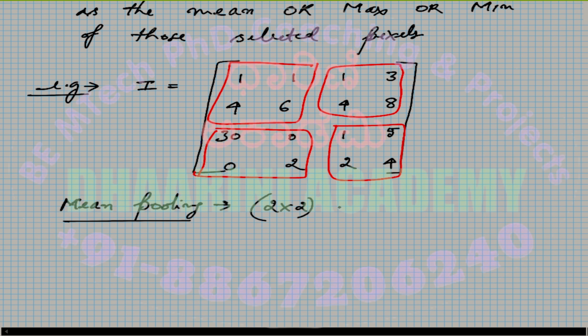Then 30 plus 2 is 32, and 32 by 4 is 8. Then 1 plus 5 plus 2 plus 4 is 12, divided by 4 is 3. So the result of mean pooling is this. Now I can give another example. This is very simple. The second example is the max pooling.